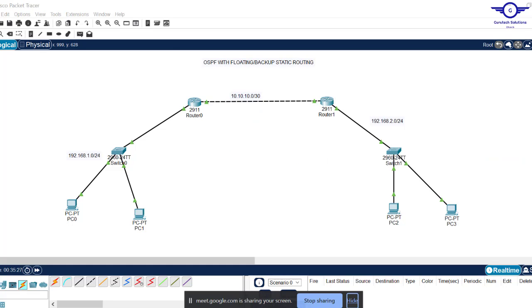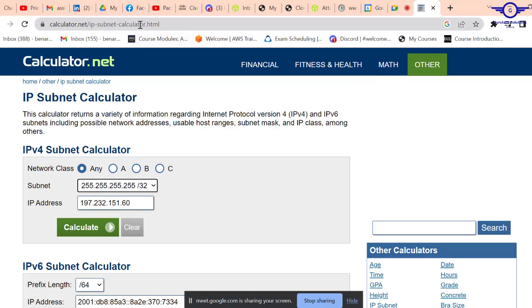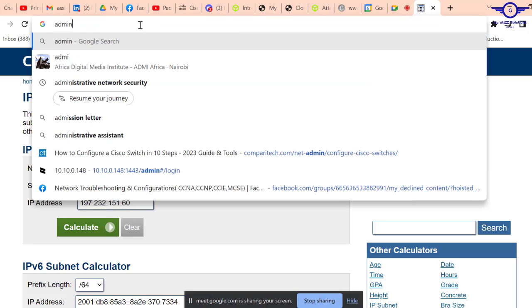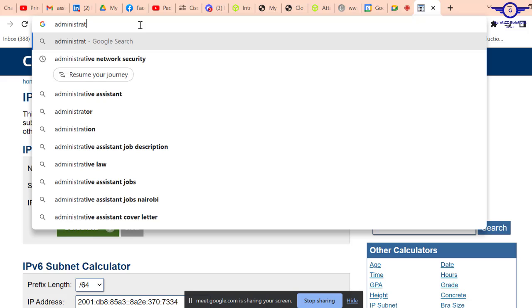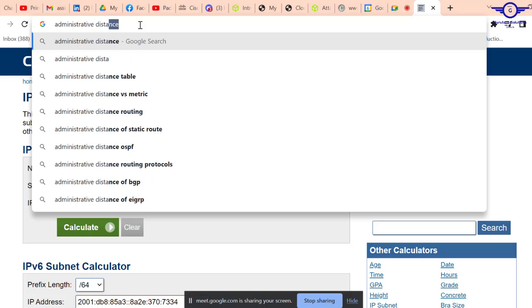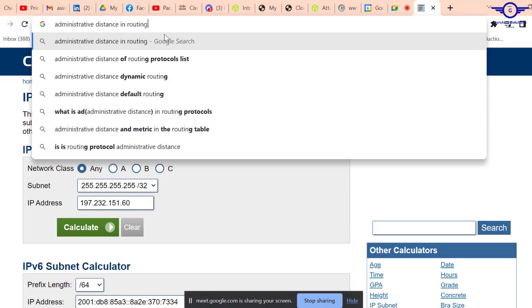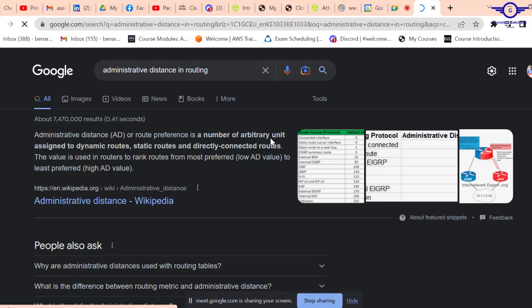Administrative distance. So you can see here that administrative distance is just a number of units assigned to dynamic routes, static routes, or directly connected routes.